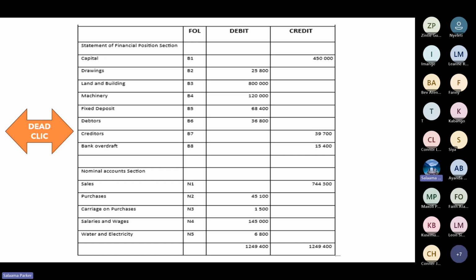Any questions regarding the trial balance before we proceed? Anything you'd like to add, Bev? No, I think you've just got to be aware. It's very similar to some of the questions that you had also in Learning Unit 2.